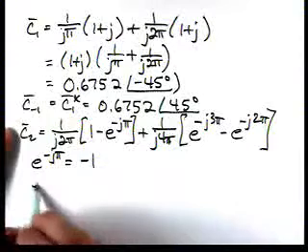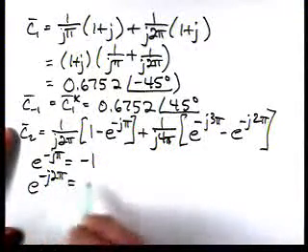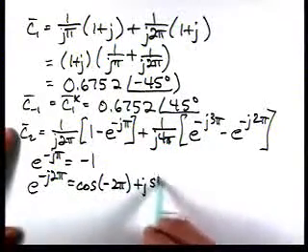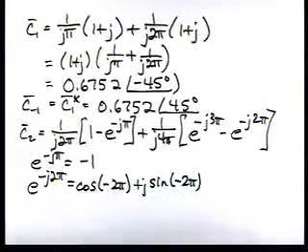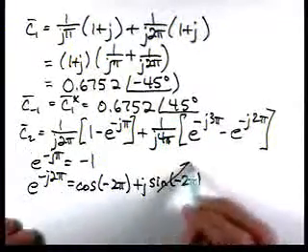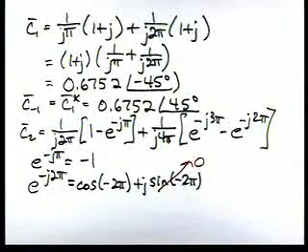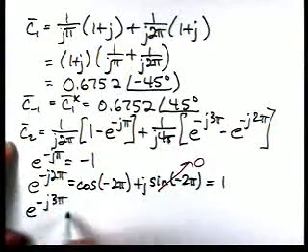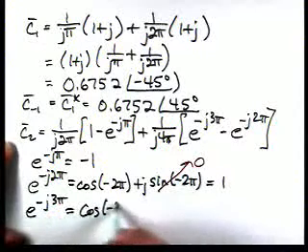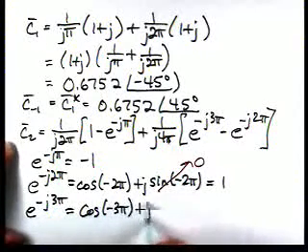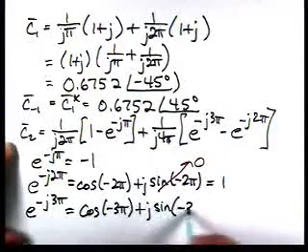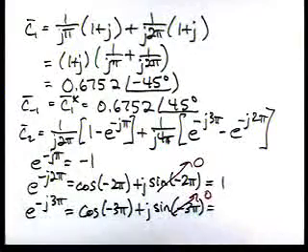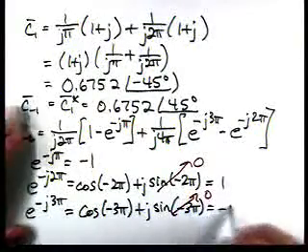Now let's look at e to the minus j 2 pi, which is the cosine of minus 2 pi plus j sine of minus 2 pi. Now we know that's 0, so this turns out to be 1. And e to the minus j 3 pi is cosine of minus 3 pi plus j sine of minus 3 pi. This is 0, so we're left with minus 1.